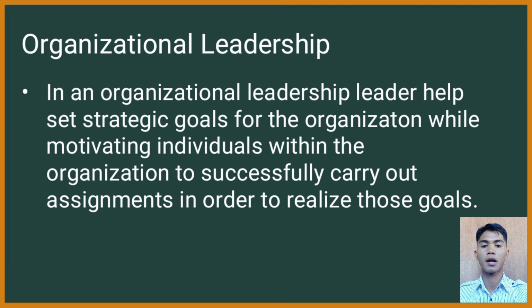You're not just creating goals right away. You have to make strategies in achieving those goals, because in an organization it is very important that you are on the procedural manner of making those goals achieved.